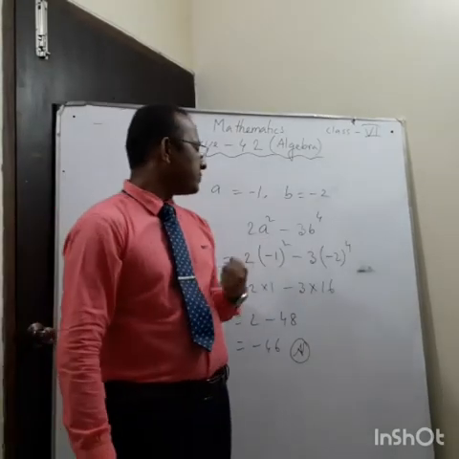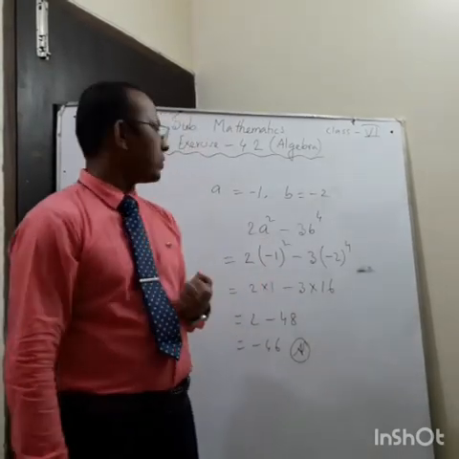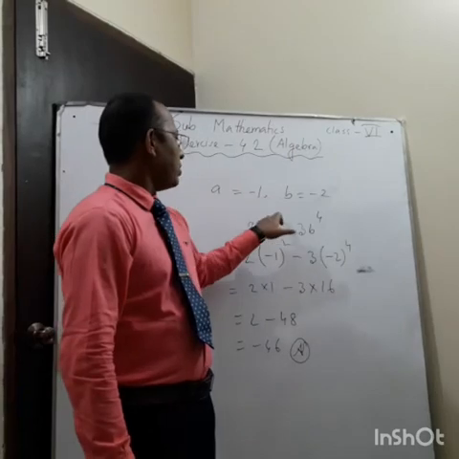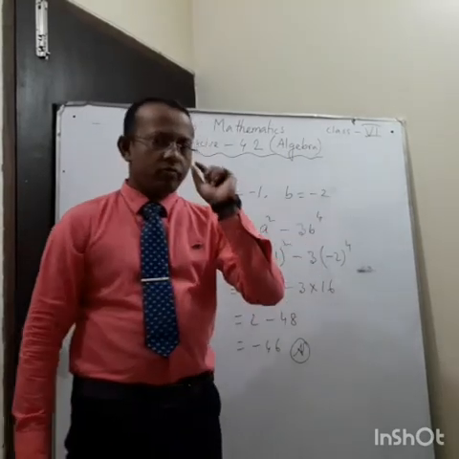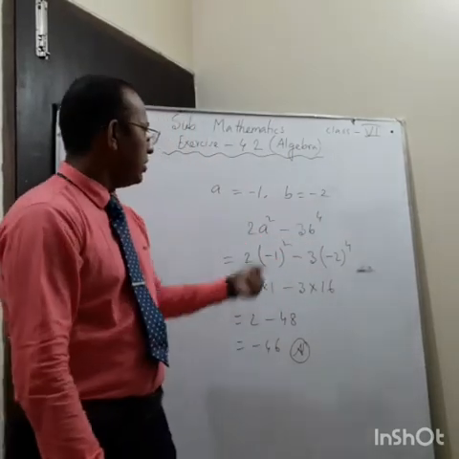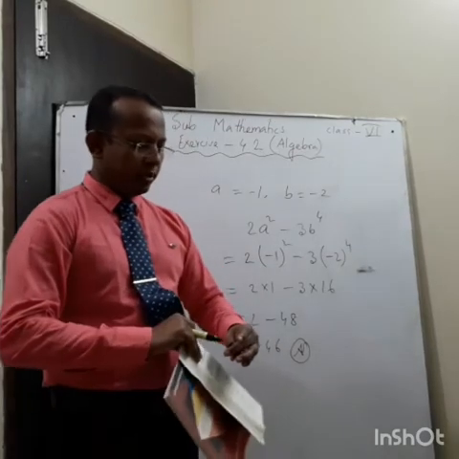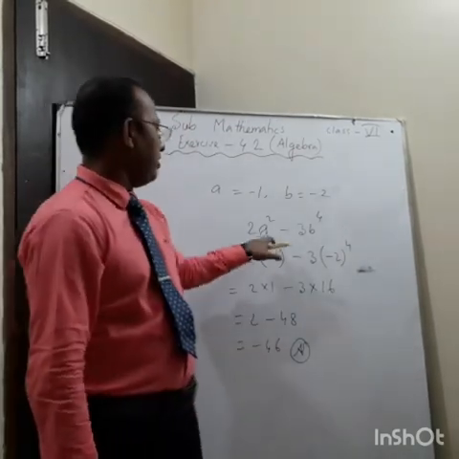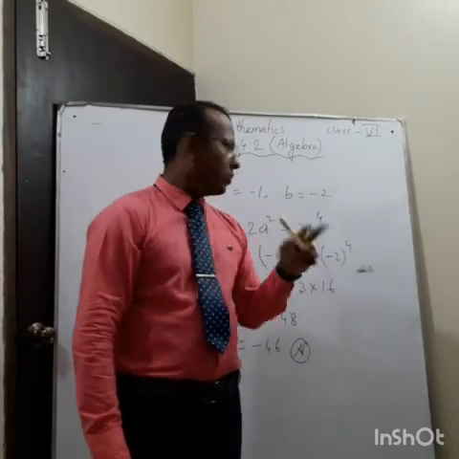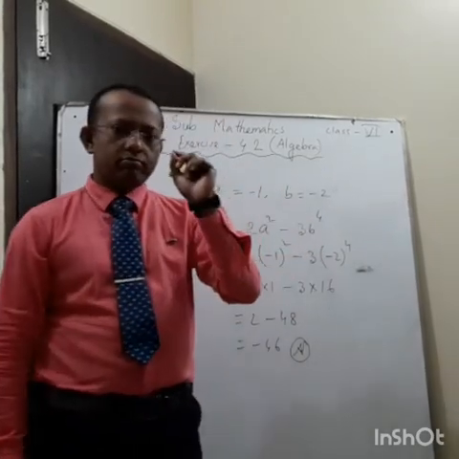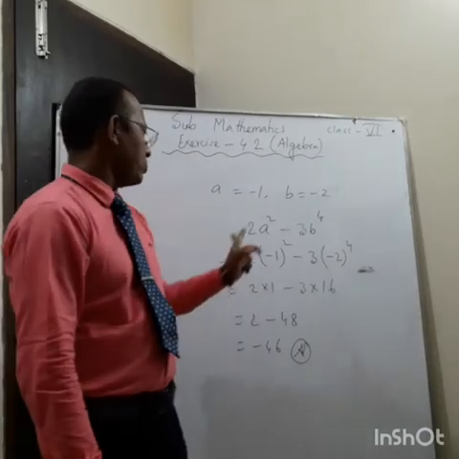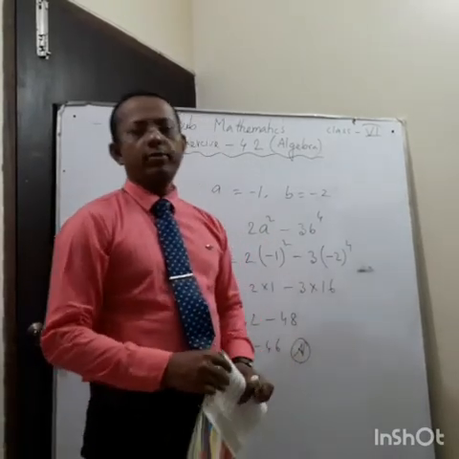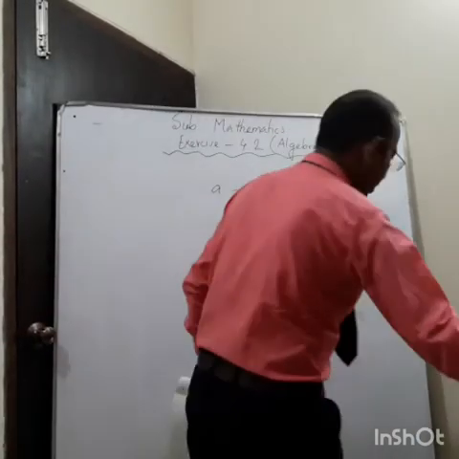Yes, students, I would like to say, when the power or index are even ordered, in that moment the value must be positive, and if the order or power are odd, in that moment the value will be negative.